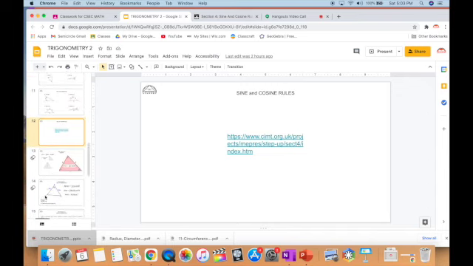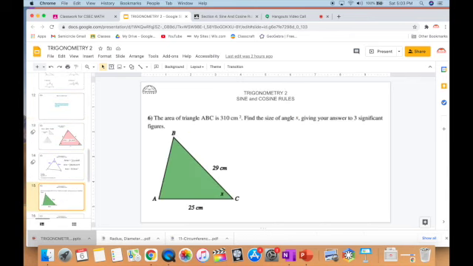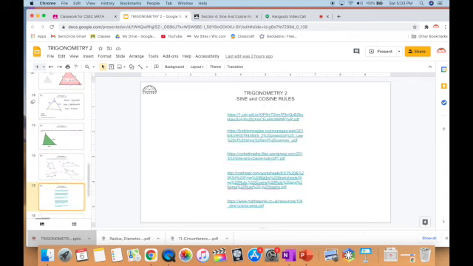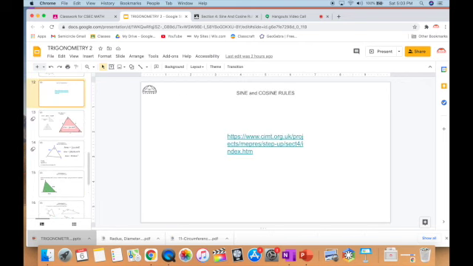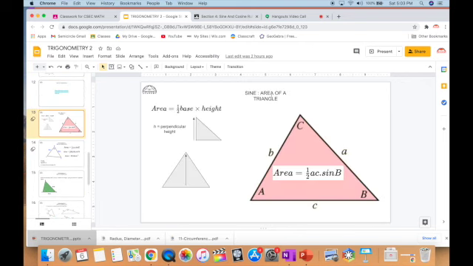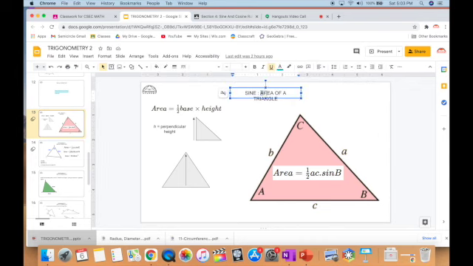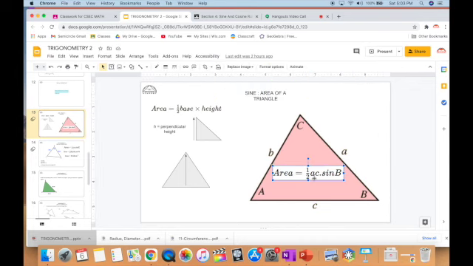Next class, we will correct these things and we will move on to the rest of trigonometry 2, which is just one rule again. The only rule we have to do is the sine rule for the area of a triangle. And this is it. Whenever we're dealing with the area of a triangle, we're always talking about the perpendicular height.